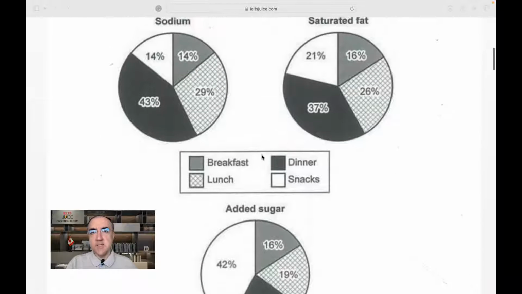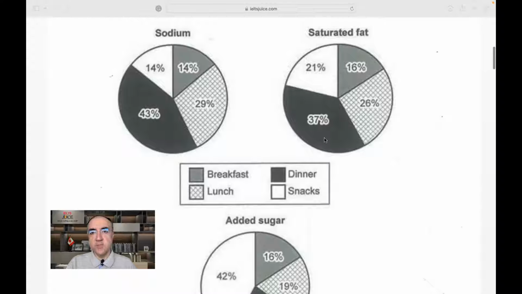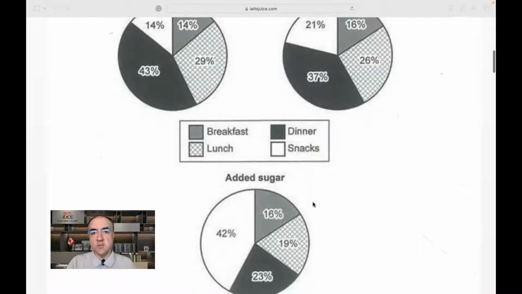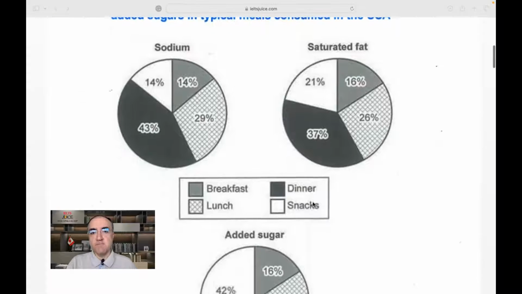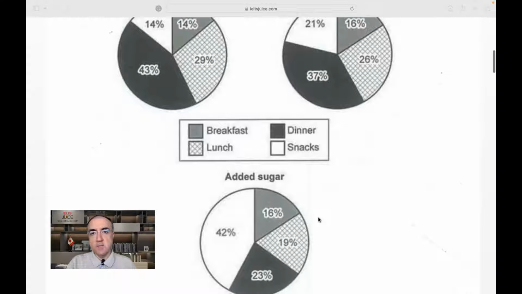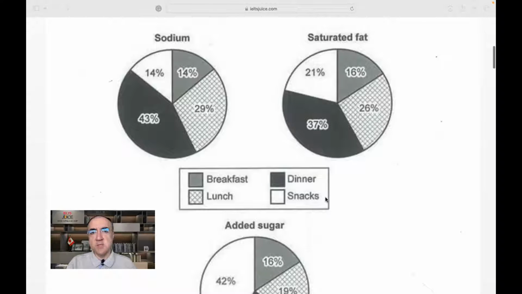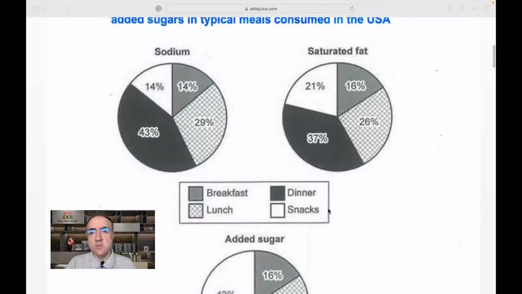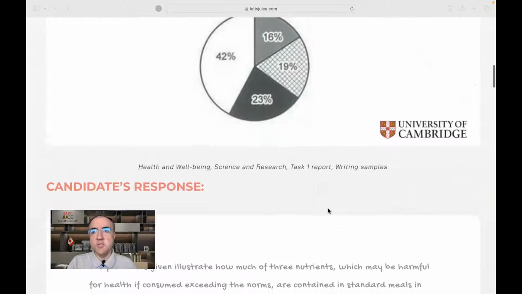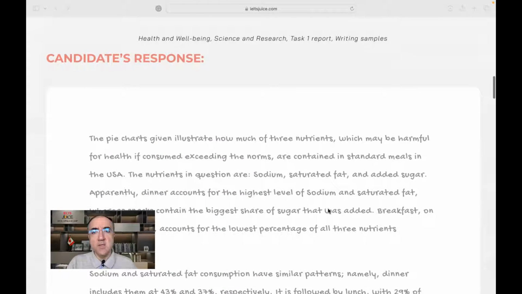So I can see 4 sections. All sections appear in 3 pie charts. There are different percentages. Okay. I can already see the significant elements. Which one is the largest? Which ones are the smallest ones? Or take the minimum share. Let's see what the report has to offer.